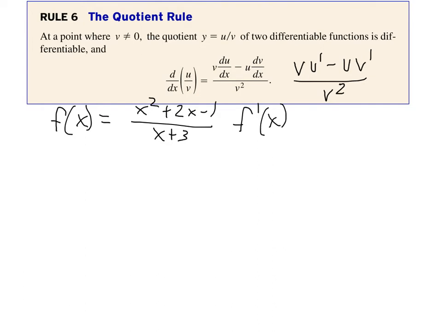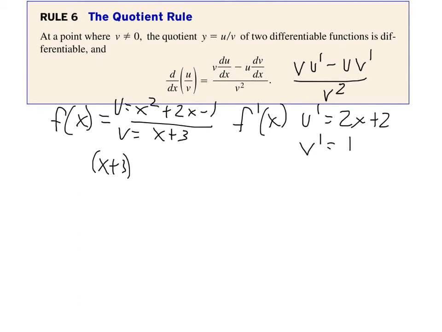Okay, so we just use low, which is x plus 3, d high, so we take the derivative of the high. Okay, so we're calling this u, we're calling this v, so u prime equals, okay, so that becomes 2x plus 2, and then v prime, that's just product rule I'm using, v prime would just be 1.